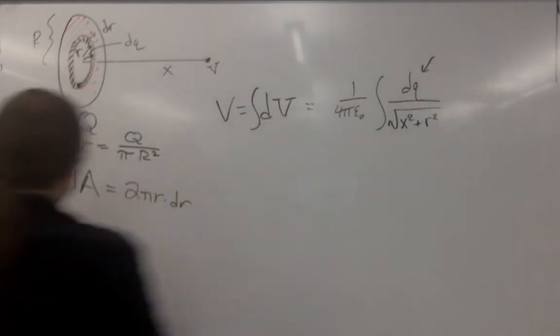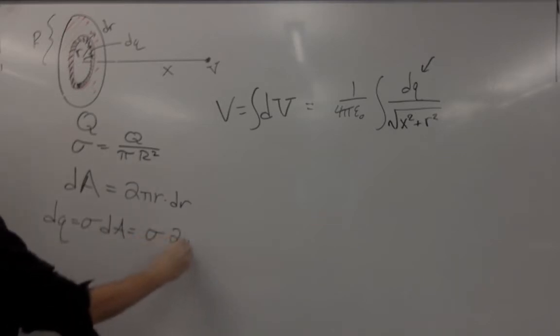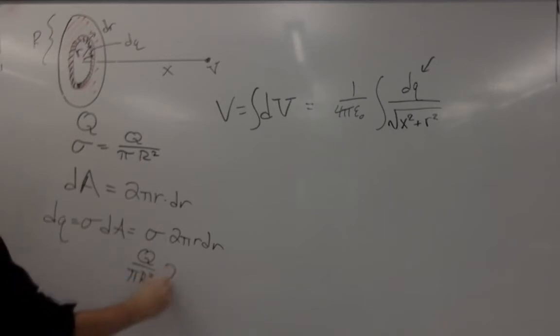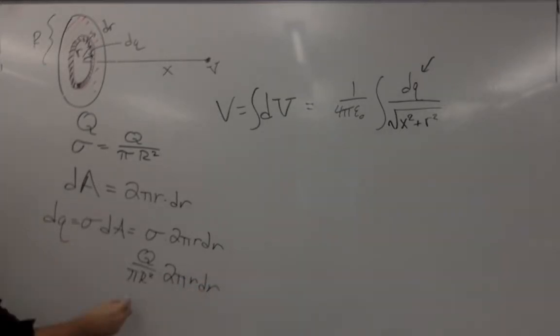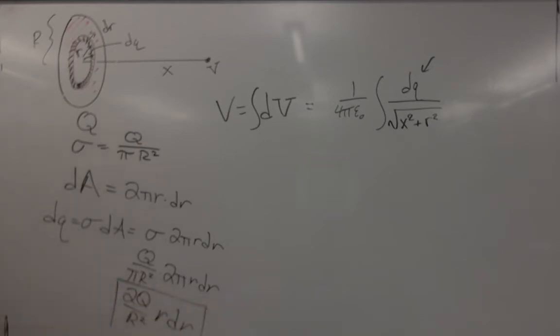So dq, which is going to be equal to sigma dA, is just going to be equal to sigma times 2 pi r dr, or if we prefer, since sigma is Q over pi R squared, that's Q over pi R squared times 2 pi r dr, where the pi's cancel, just 2Q over R squared times r dr. We'll see how your book expresses the answer.